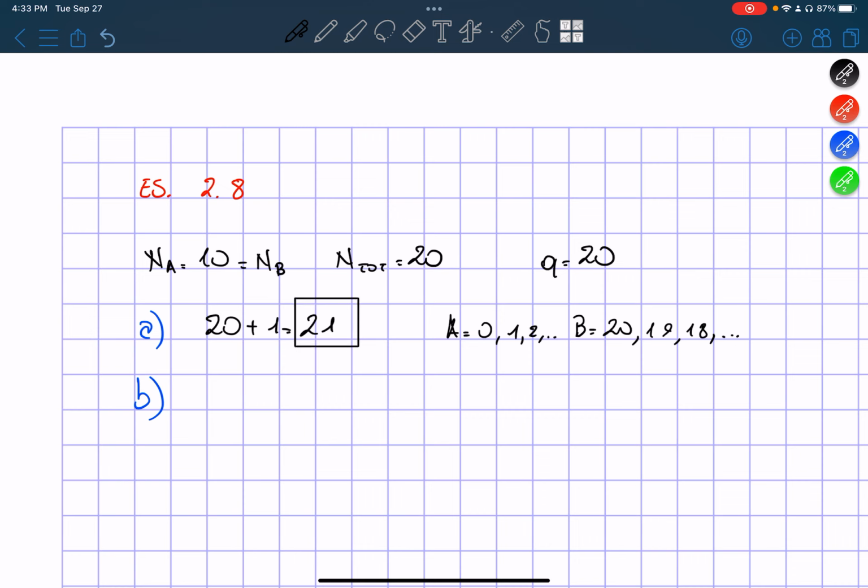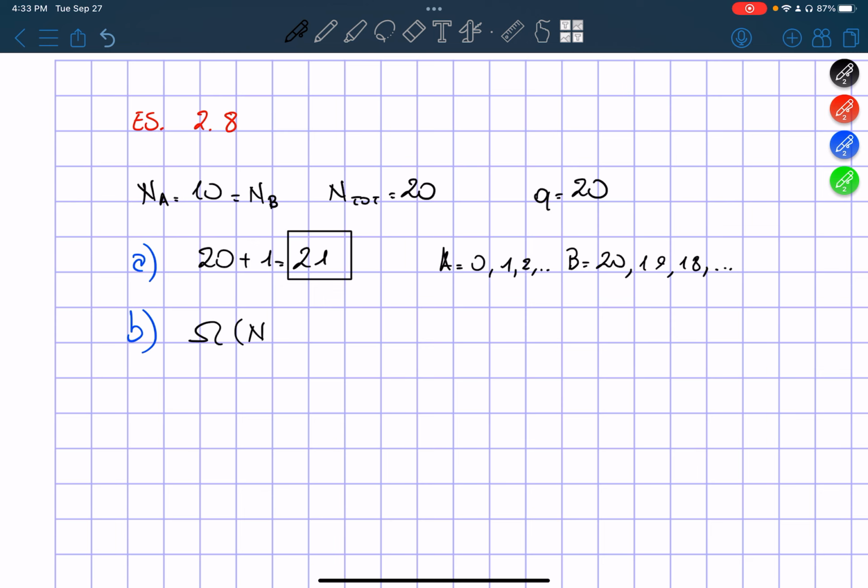What's the total number of microstates? Well, we have to use the formula. The formula is Ω(N, q) equals q plus N minus 1 factorial over q factorial times N minus 1 factorial.